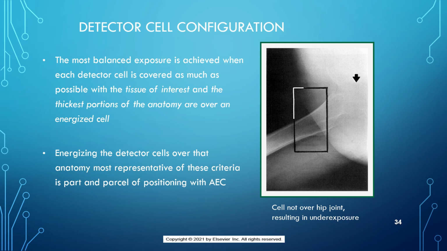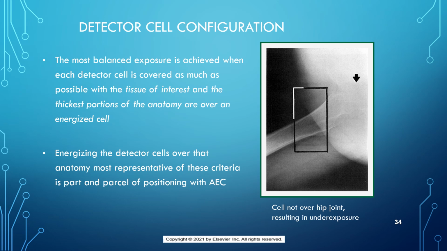So we can see that the active cell, we're trying to do a hip, but the black arrow is showing us where the hip actually is. We've got part of the lesser trochanter and shaft. Yeah, that's diaphysis. And then soft tissue, okay?